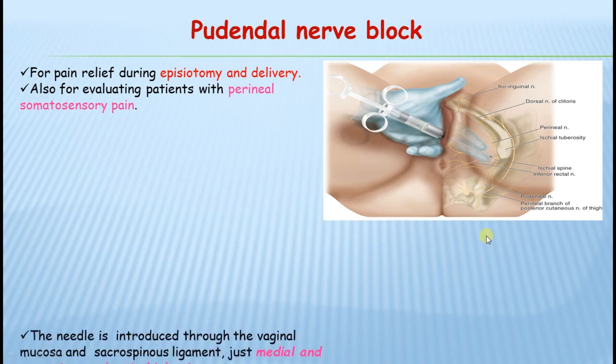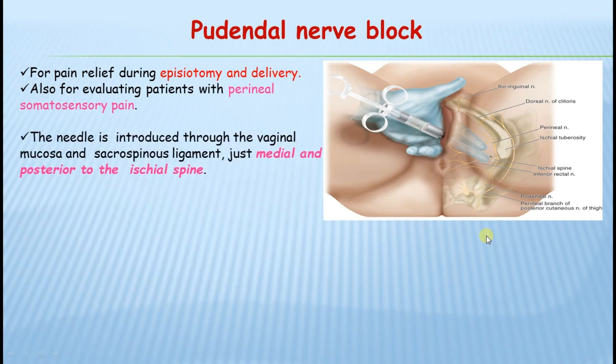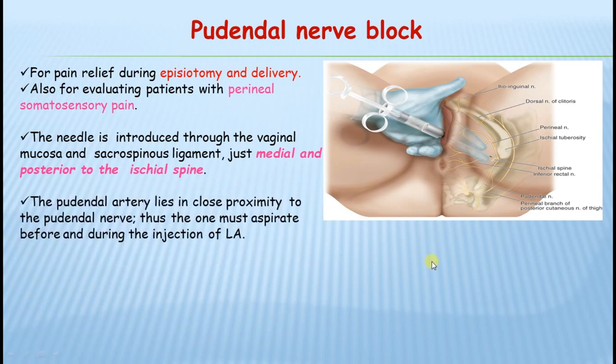Usually the needle is introduced through the vaginal mucosa just medial and posterior to the ischial spine. There you should be very careful because the pudendal artery lies in close proximity to the pudendal nerve. Okay, so one must aspirate before and during the injection of local anesthetic.